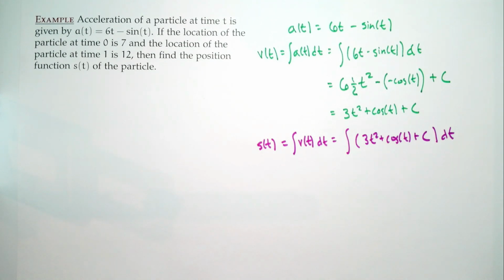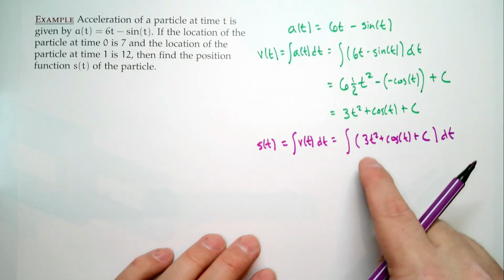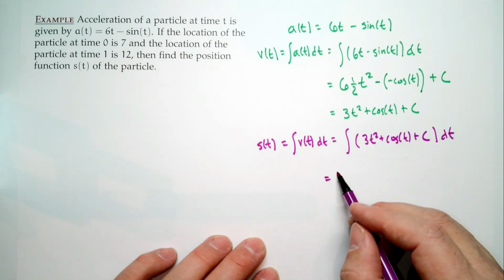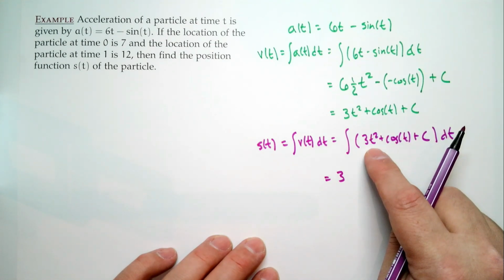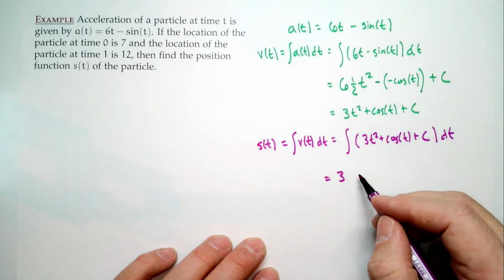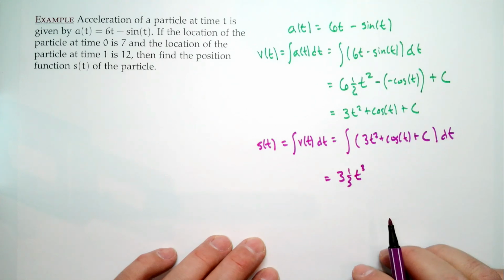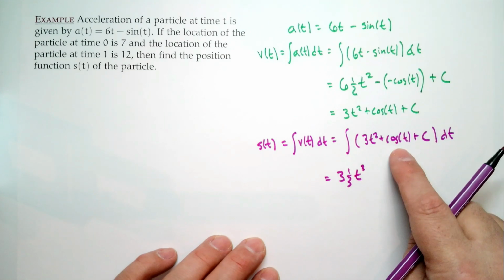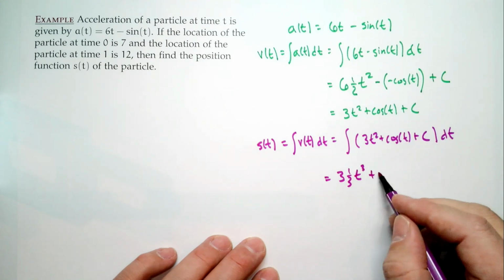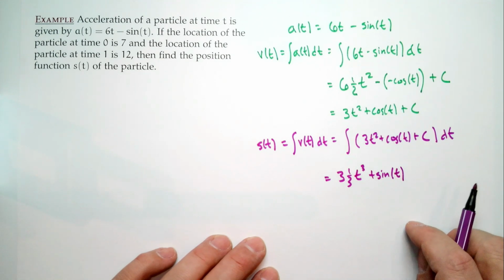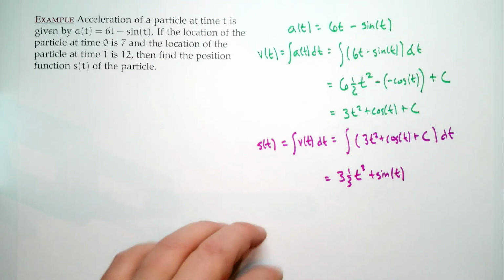So let's go through it term by term. We have the integral of 3 times t squared. Well, the 3 is 3. How do you integrate t squared? We add 1 to the exponent, t cubed, and then over 3. So 1/3 t cubed. Antiderivative of cosine t? Sine t. Antiderivative of plus c?